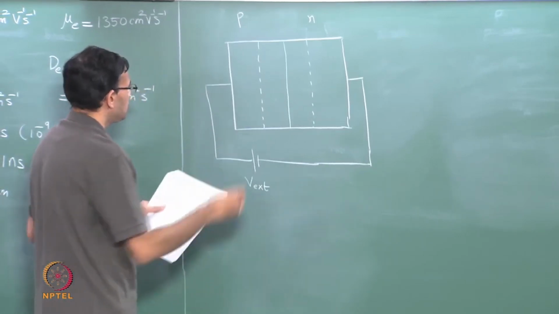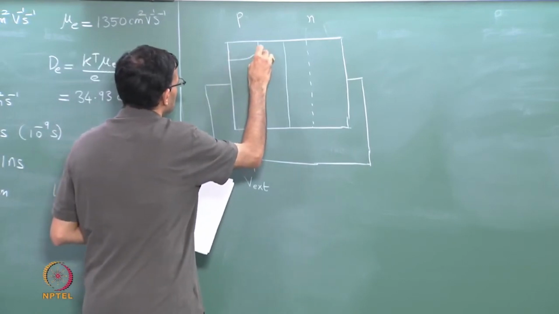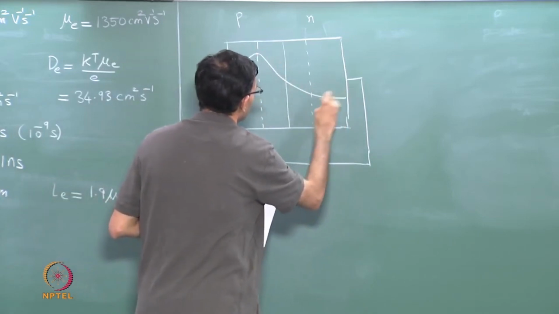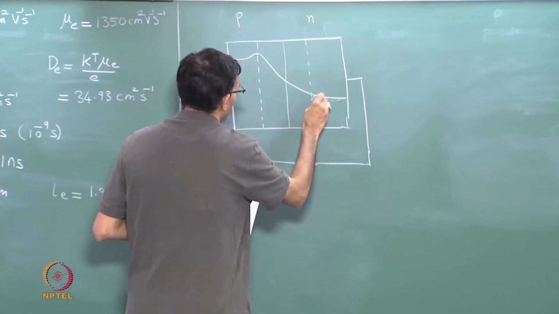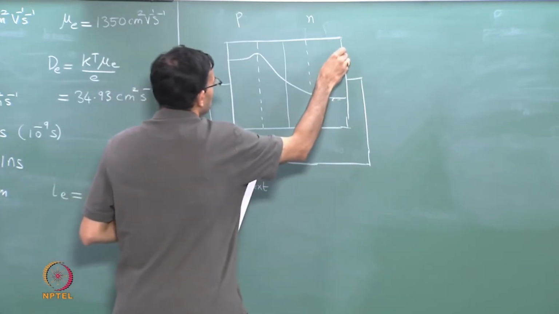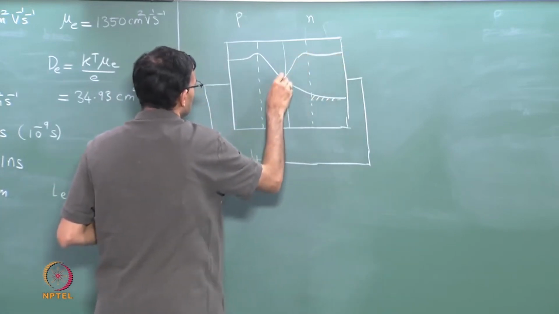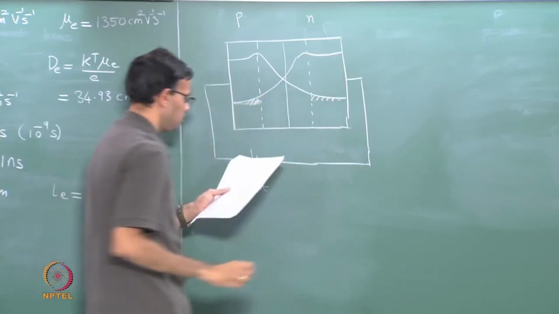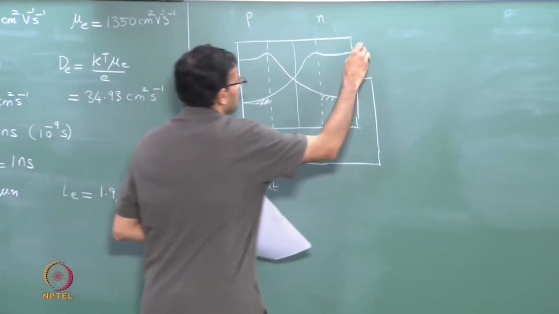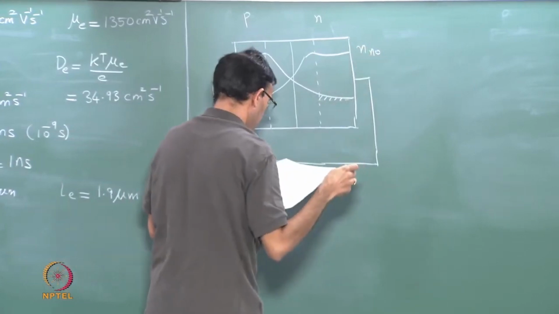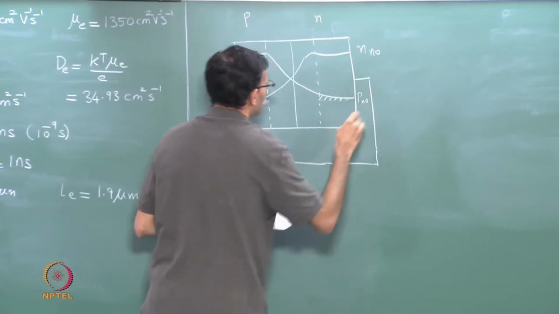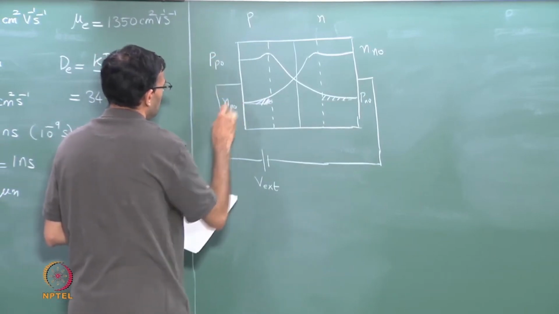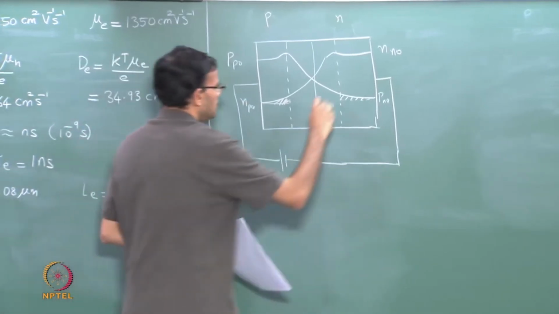We saw in this case that we can plot the concentration of holes, so that there are some excess holes. You can do the same with electrons, so you have some excess electrons. We can mark the different regions. This is n naught, this is p n naught, p p naught, p naught, and the extra carriers.